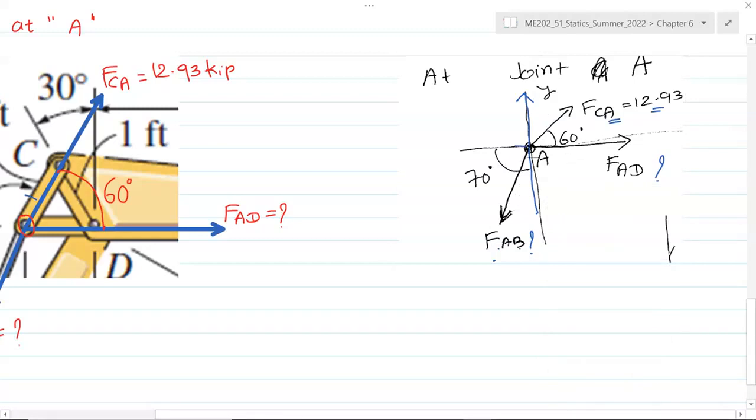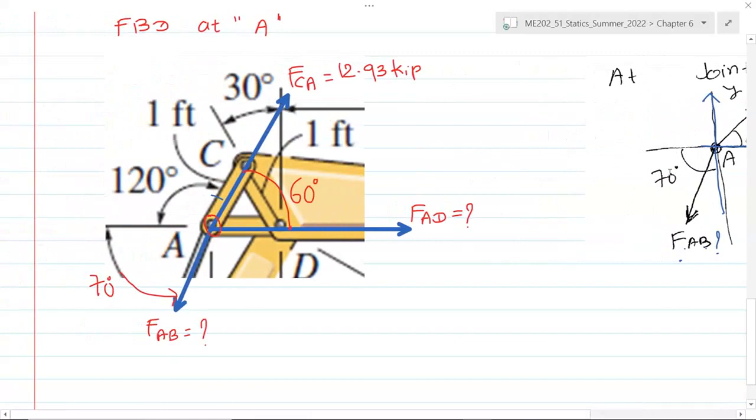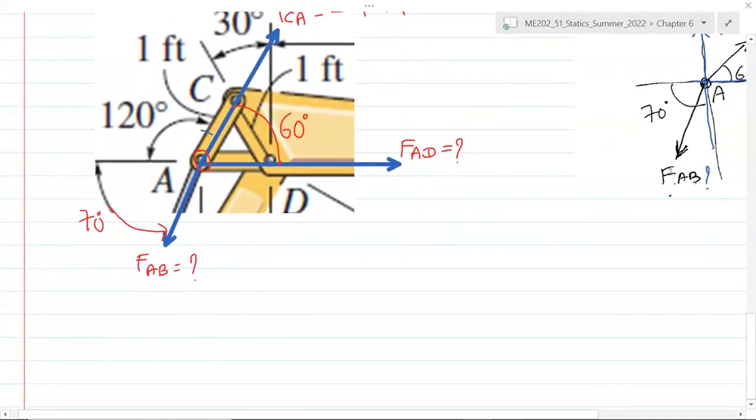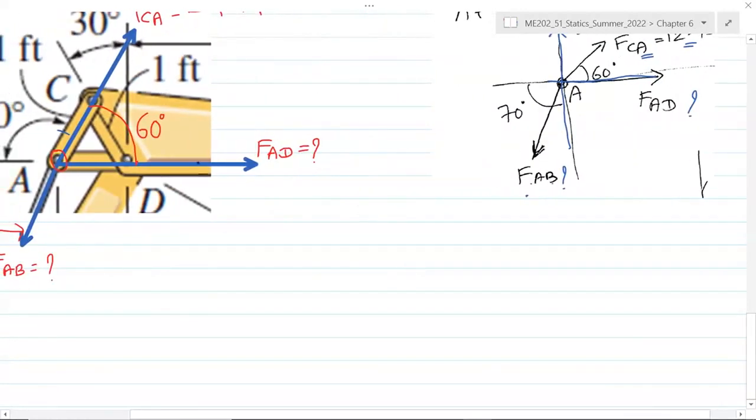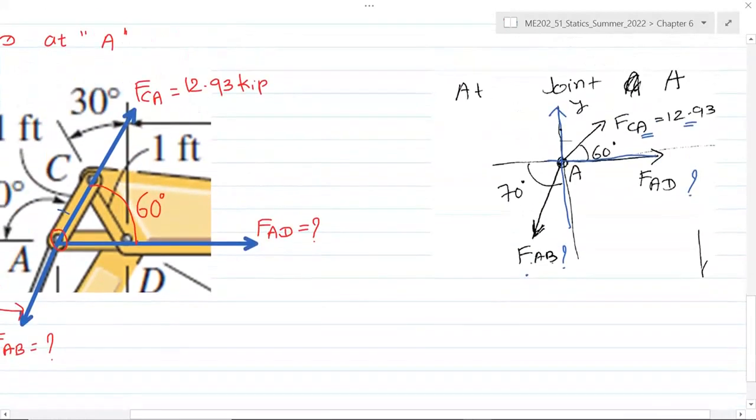And when we apply sum of forces in x direction, FCA cosine 60 is in positive direction, and FAD, we have assumed, is in positive direction, so we will solve FAD from that equation. So let's apply equations of equilibrium along horizontal and vertical direction. Both the diagrams are the same. This is on the actual image and this is the redrawn simplified diagram.